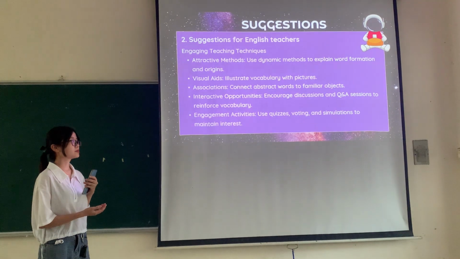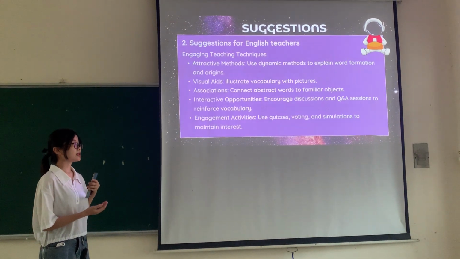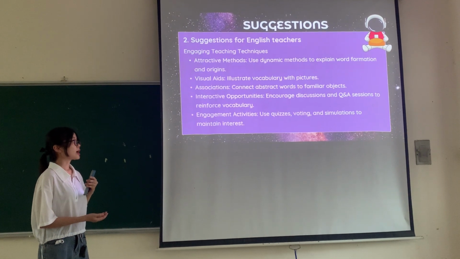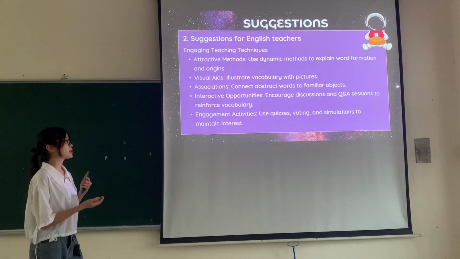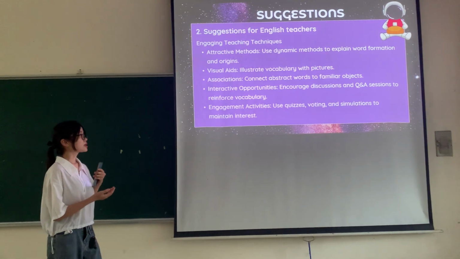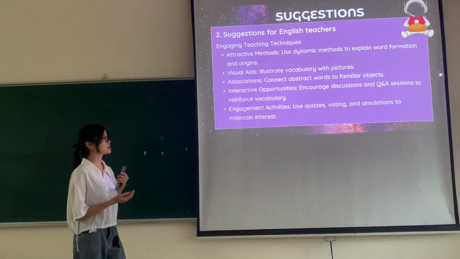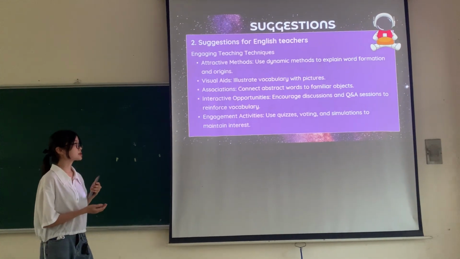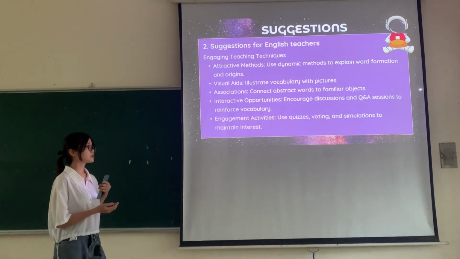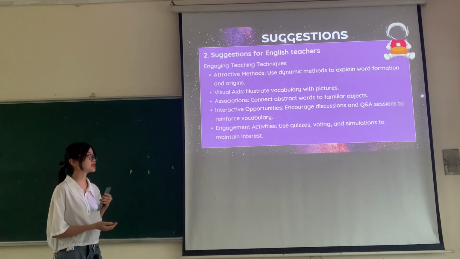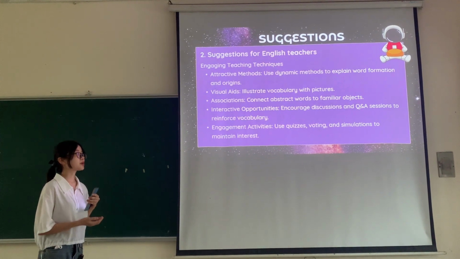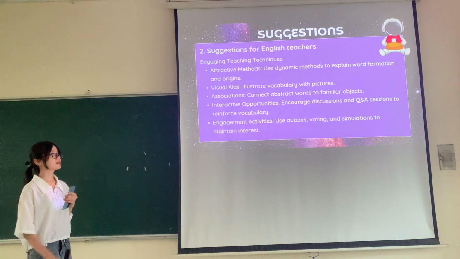Thus, children and students can easily remember and understand the meaning of the verb. We can encourage discussion between students and have some quizzes and voting. Not just that, we can have some simulations to maintain interest in the learning process.